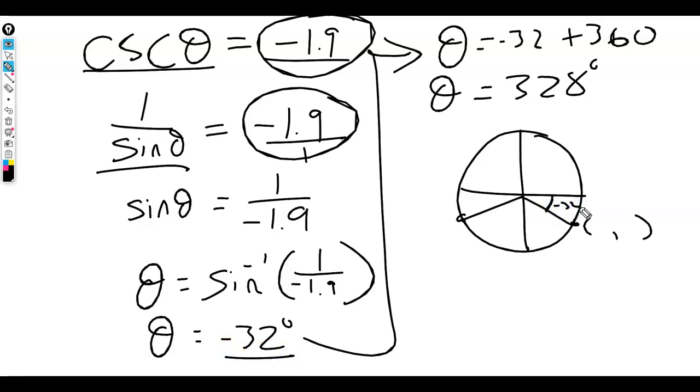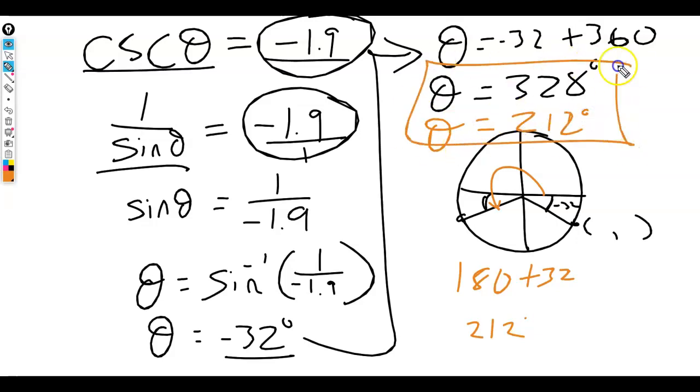So this would also have to be 32, correct? So the question is, what is that angle? And hopefully you guys know that's going to be 180 plus 32, which is 212, I think. Yeah. So we have our two answers, 328 and 212.